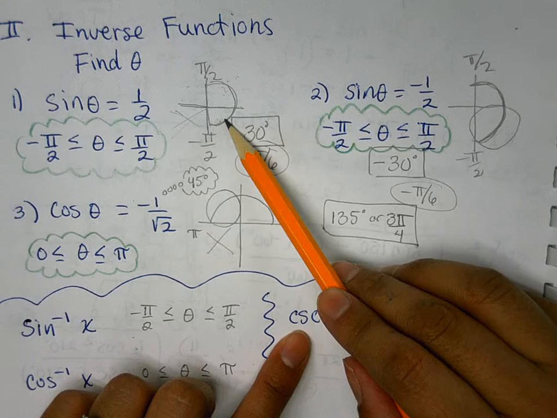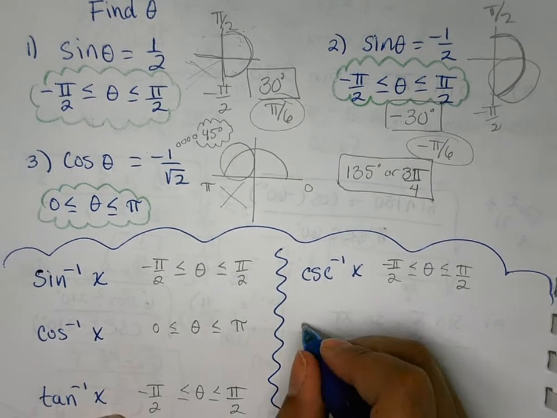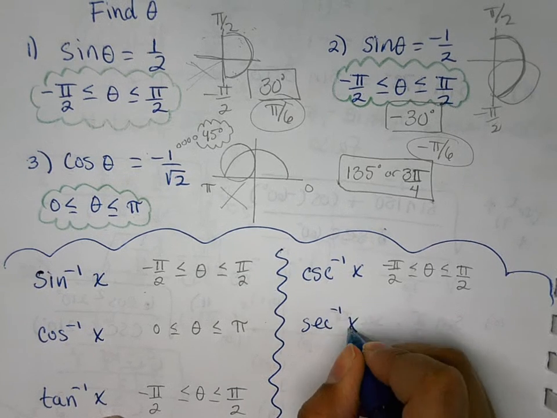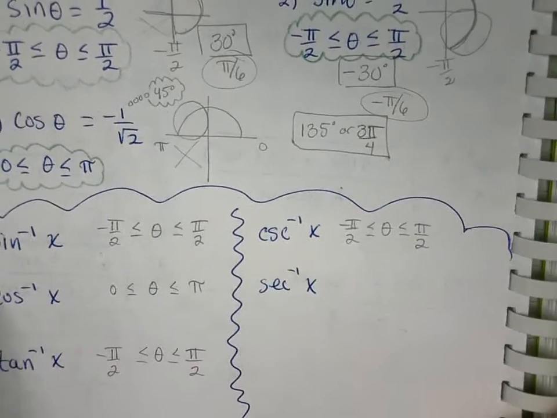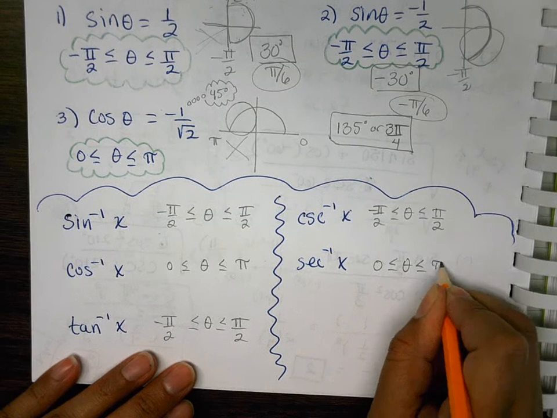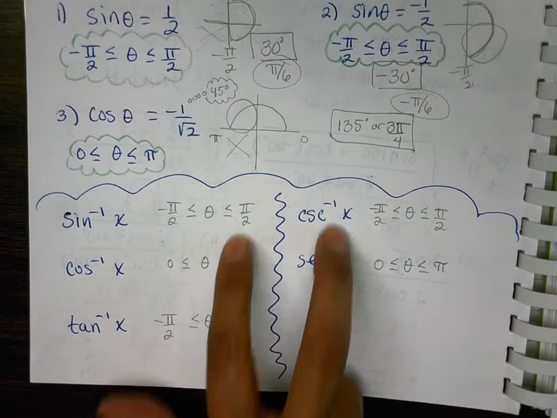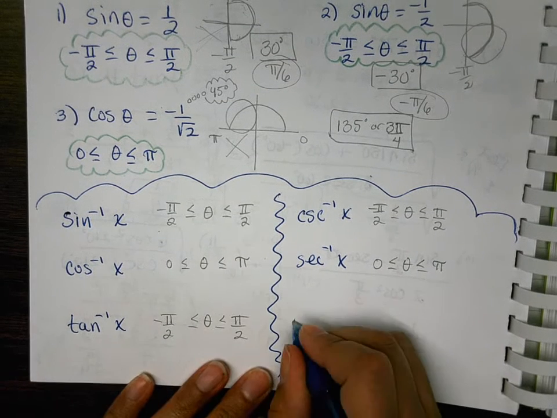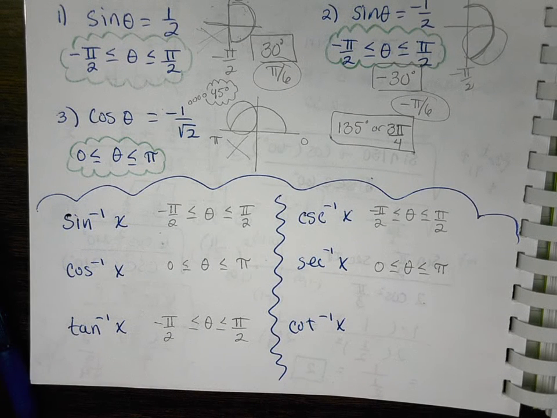Got it? All right, what's the reciprocal of cosine? Secant. And it matches, just like with its cosine. 0 is less than or equal to theta, which is less than or equal to pi. So these two are pretty straightforward. Tangent and cotangent are the only ones that do not match. Cotangent x, if they don't match, what's the only other option?